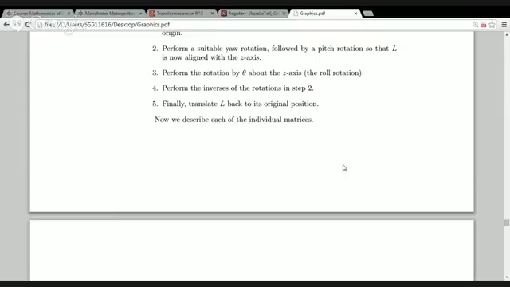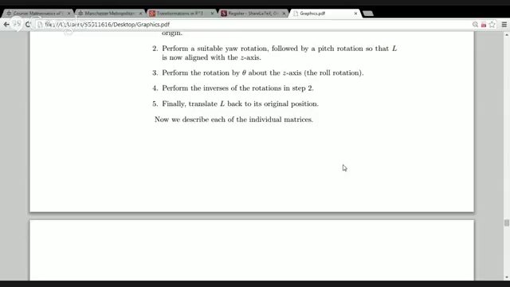We had to translate first to get the rotation axis to be through the origin. Then we rotated y, rotated x, rotate z theta, rotate x inverse, rotate y inverse, and finally translate inverse. So this thing is called a rotation sequence. In some ways it looks like a complicated way to carry out a rotation, but it's worth it because the individual steps are very standard.